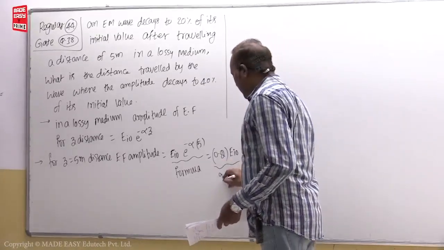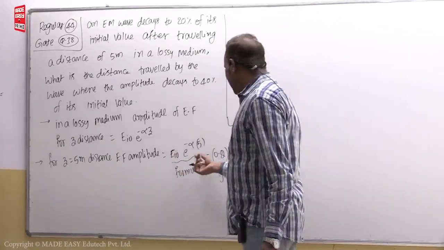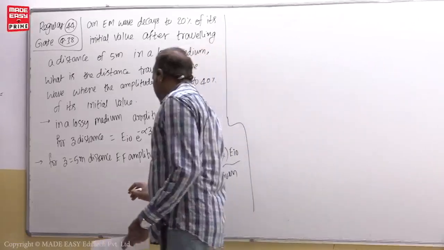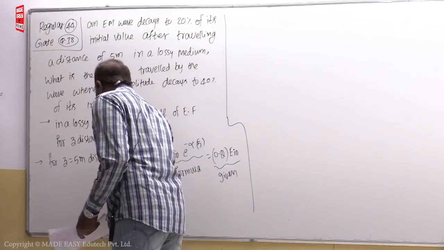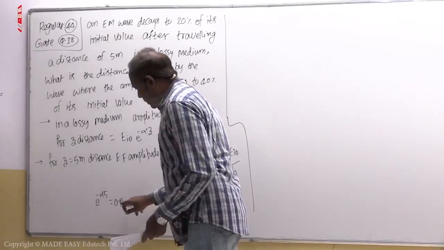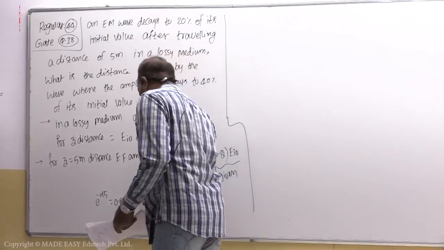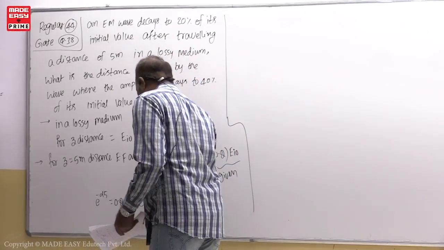Now from this, EA0 cancels. So e power minus alpha 5 is equal to 0.2. That means this is 1 by 5, yeah, 1 by 5. So e power alpha 5 is equal to 5.